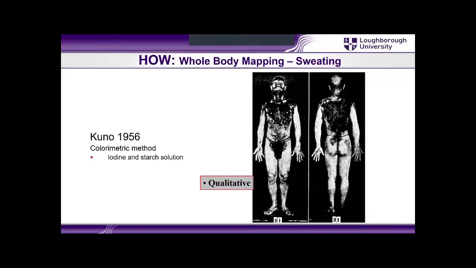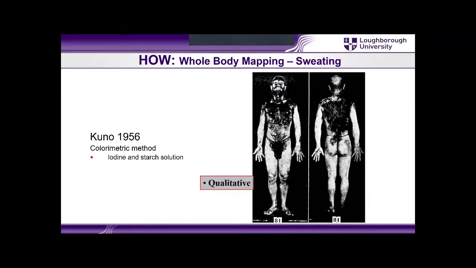It's a really good place to start reading about sweat production and sweat glands. He used a method called the colorimetric method. He painted people with an iodine starch solution, and that's white. But as soon as you start to sweat and the sweat interacts with the iodine and the starch, it turns black. And that's what you see in this picture.